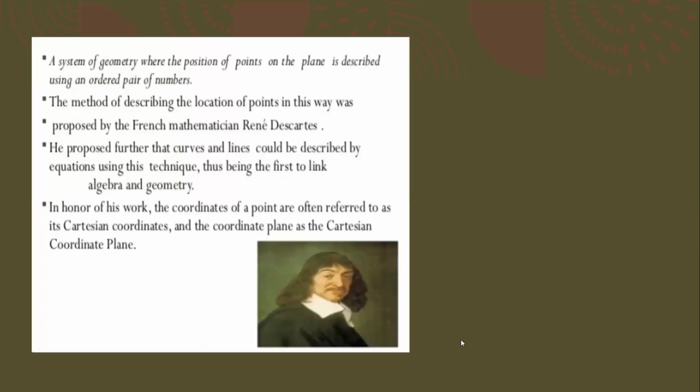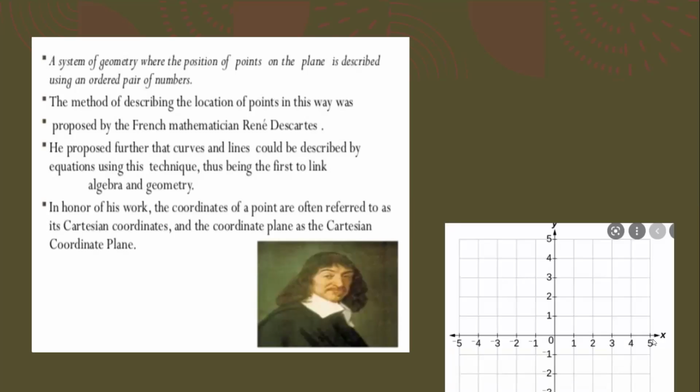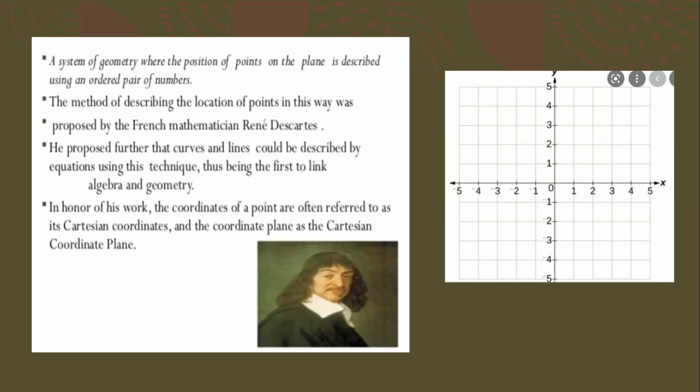So who discovered the xy plane, meaning the Cartesian plane? Let us see. It is a system of geometry where the position of a point on a plane is described using an ordered pair of numbers. The method of describing the location of points in this way was proposed by a French mathematician, René Descartes.